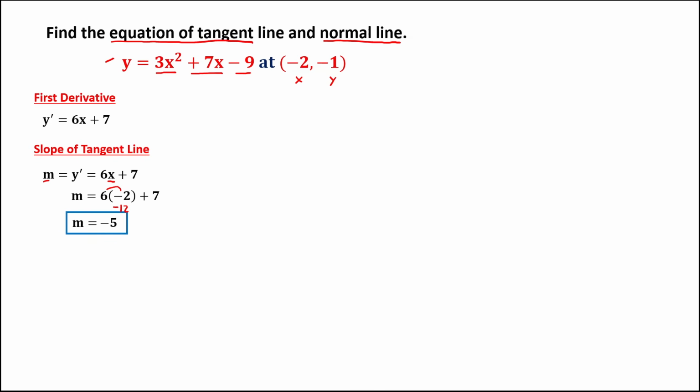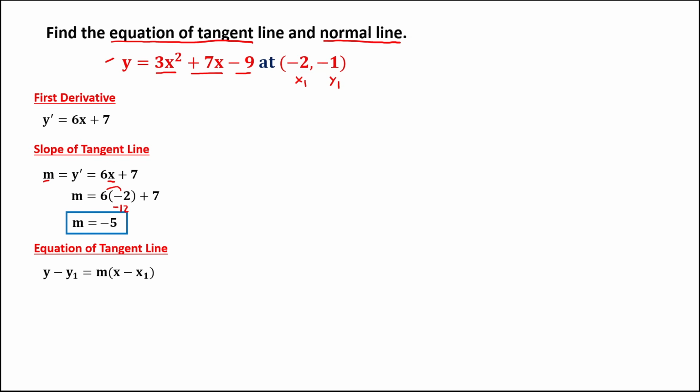Then from the slope, we can now find the equation of the tangent line using the point slope formula. y minus y sub 1 equals the slope times x minus x sub 1. From the given coordinate, this is x sub 1 and y sub 1.